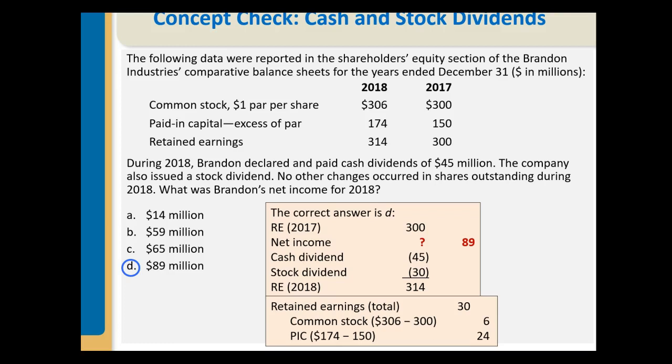So as you see here, the retained earnings total of $30 is subtracted from the common stock of $306 minus the $300, and then the paid-in capital of $174 minus the $150, which is the $24, which is how you know the stock dividend here was $30.